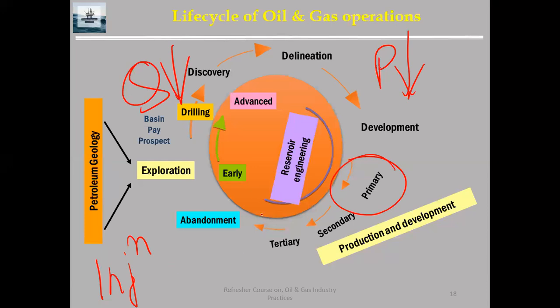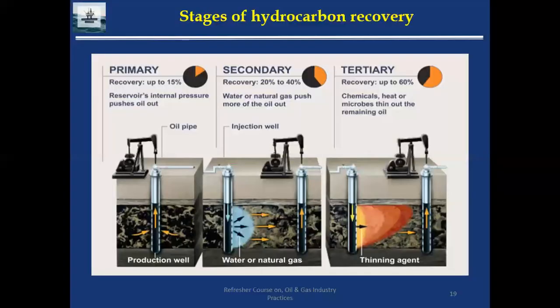Then we shall be able to restore the recovery, if not to the full scale as it was earlier, then it will be managed up to a certain extent. That means it is favorable, it is profitable. So based on that, we have three stages of hydrocarbon recovery.